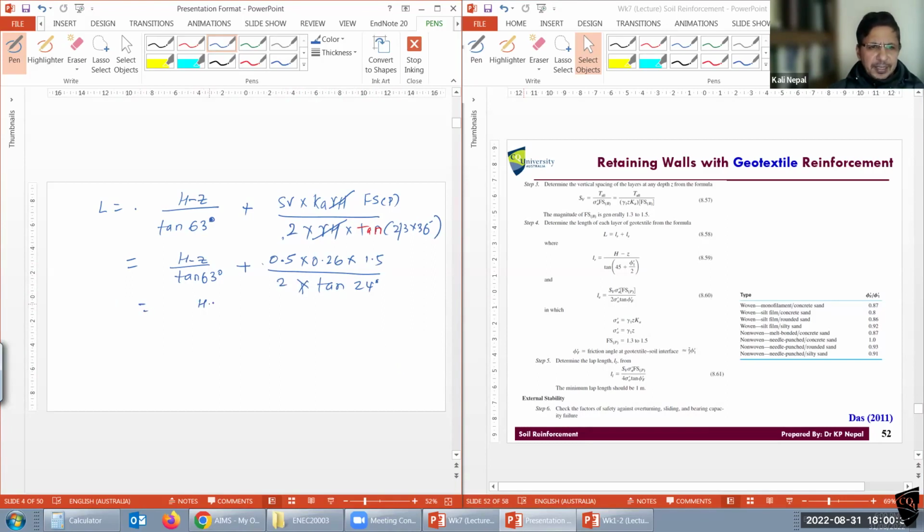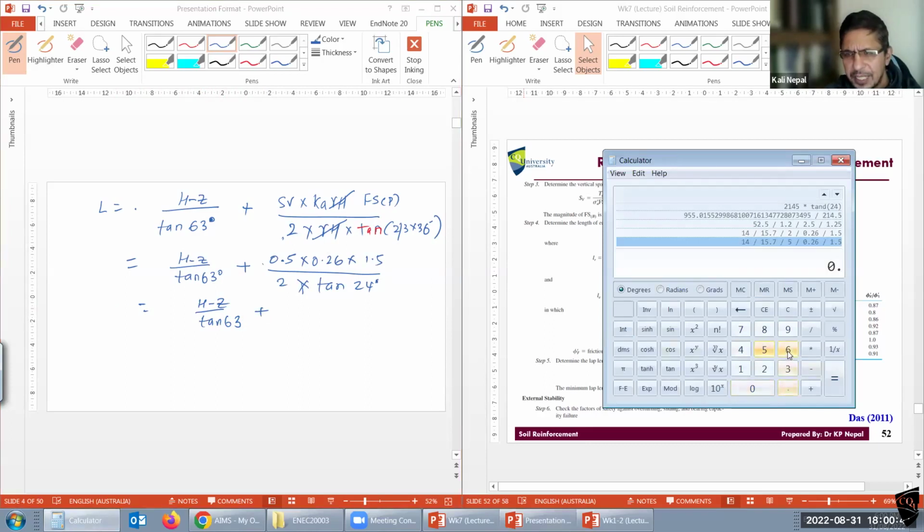So now, can you compute? H minus Z over tan 63 plus how much will be that part? 0.5 times 0.26 times 1.5 divided by 2 divided by 2410.